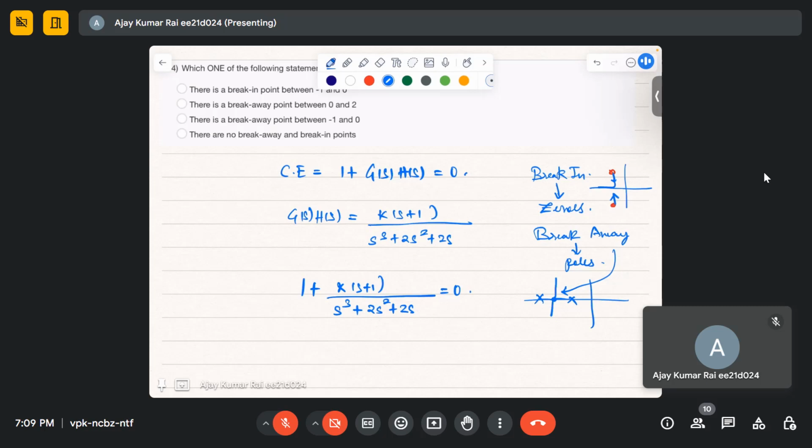So one is going like this and one will go like this. Okay, I have just drawn the wrong direction. Actually, this will be the case. Let us assume there exist two poles and like this.